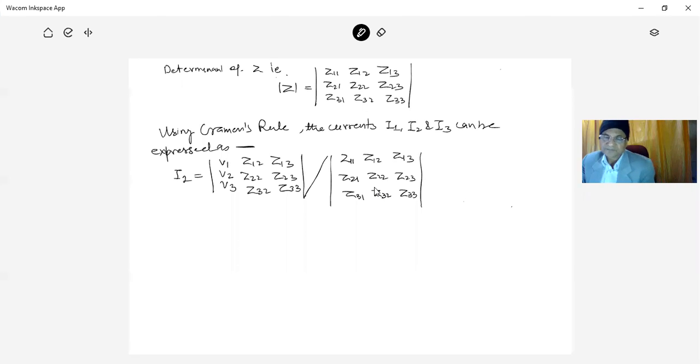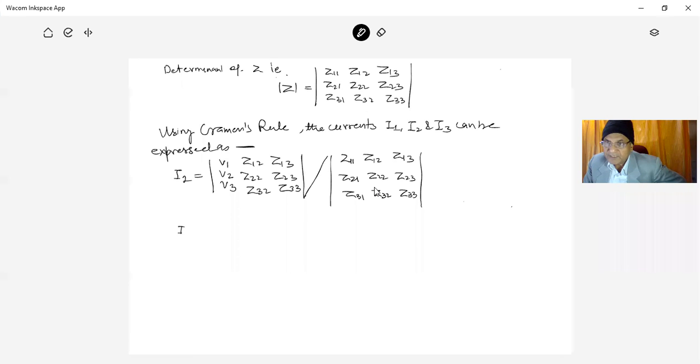The simple way is that for determination of I1, we replace the first column of impedances Z11, Z21, Z31 by the voltages V1, V2 and V3.